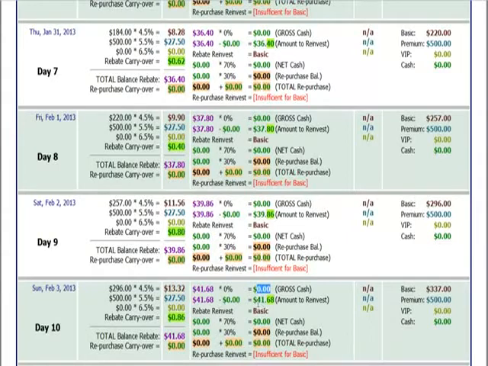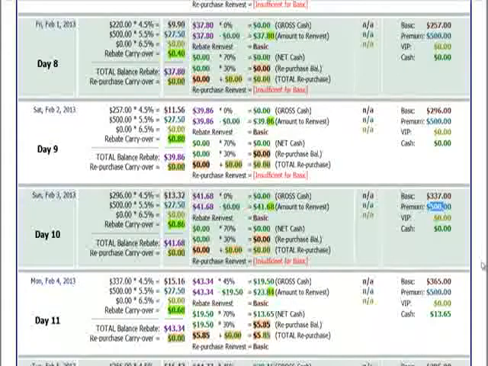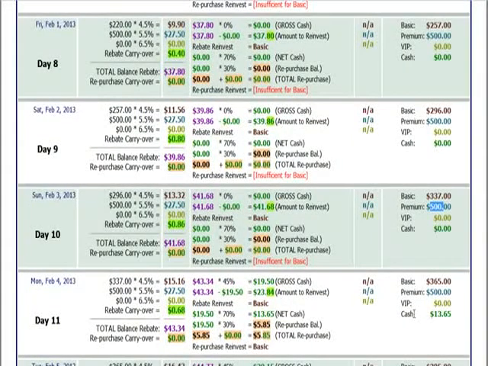Okay, so by this time we're making $41 a day. We're tossing that back into the mix. $296 plus 41 is $337. Okay, so we're going to start day 11 with $337 in basic, 500 in premium. So we have a total of 837 active shares, right? So let's go down to day 11. This is where things get interesting, because we said we're going to start taking out some cash.